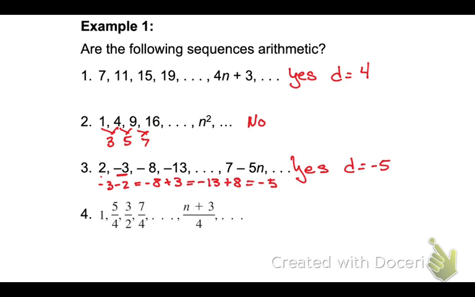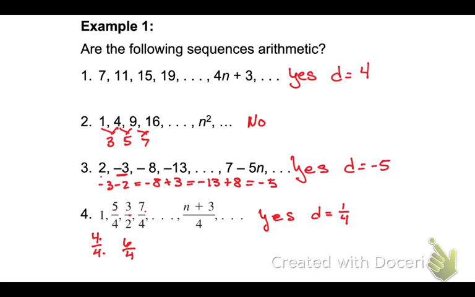So you have 4 fourths, 5 fourths, 6 fourths, 7 fourths. Oh yeah, 4 fourths. I was so confused with the 1. So yes, the difference is 1 fourth, because it's 5 fourths, 6 fourths, 7 fourths. Isn't that just adding 1 fourth? Yeah. Okay, so if you have a fraction, you should be getting common denominators.